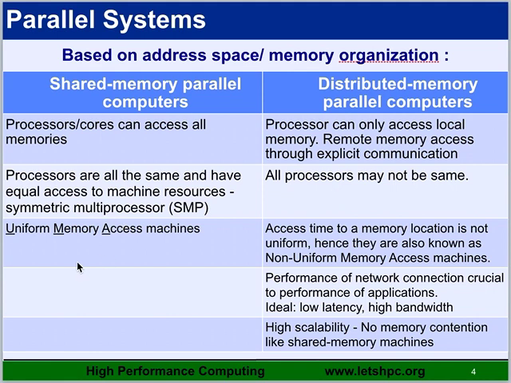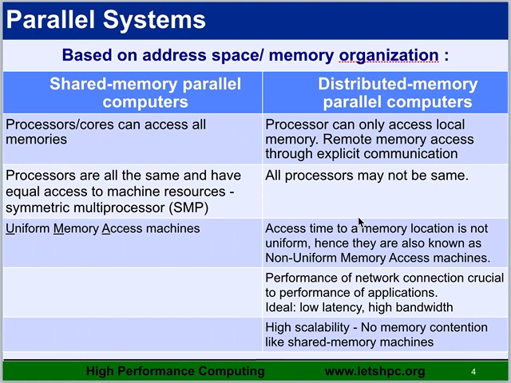As we discussed earlier, shared memory computers generally fall in the class of uniform memory access machines, whereas distributed memory systems, because the access time to memory location is not uniform, are also known as non-uniform memory access machines.